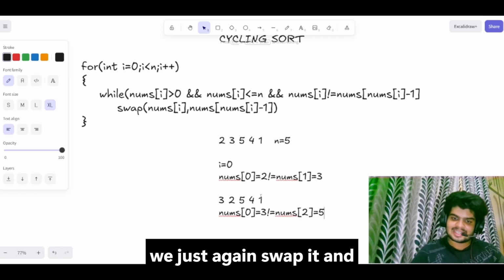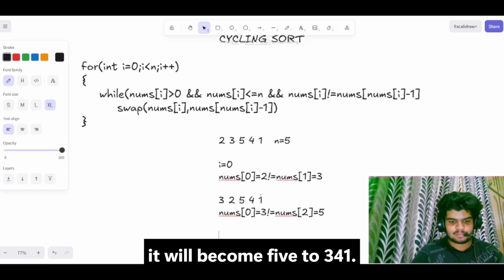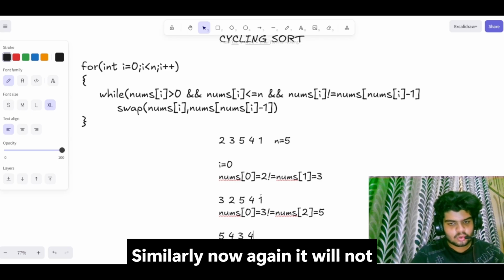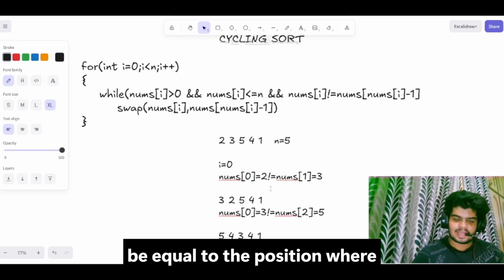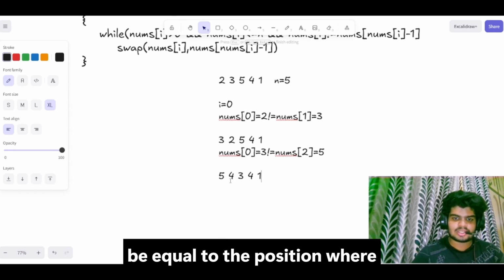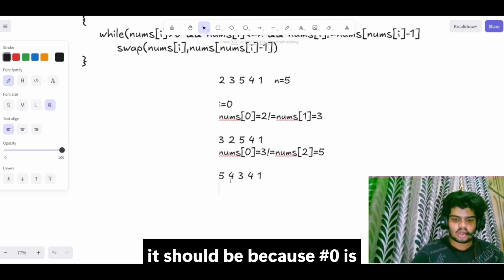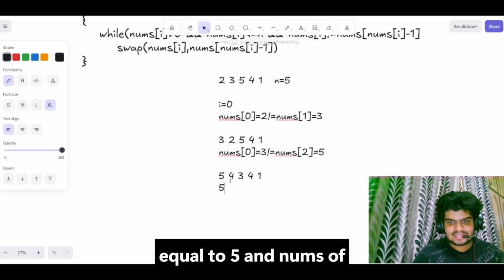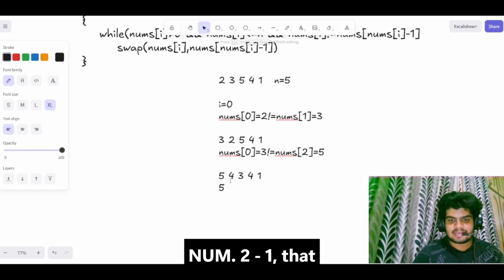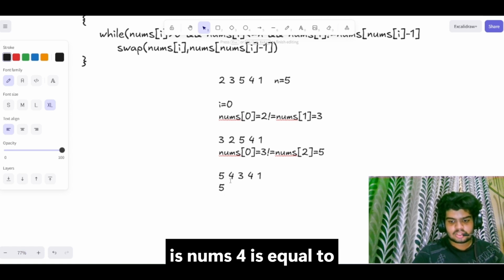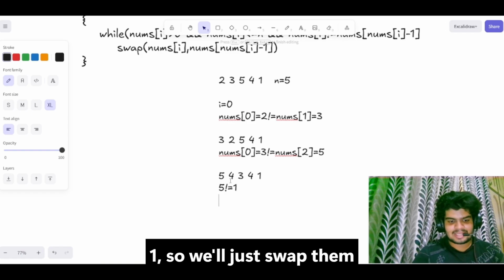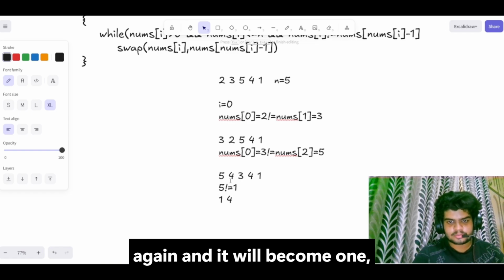So we again swap, and it will become 5 2 3 4 1. Similarly, again it is not at the position where it should be, because nums[0] is equal to 5, and nums[4] is equal to 1. So we'll swap them again.